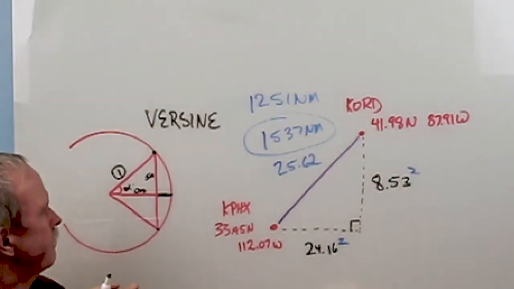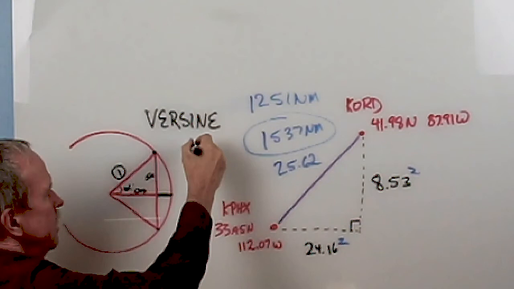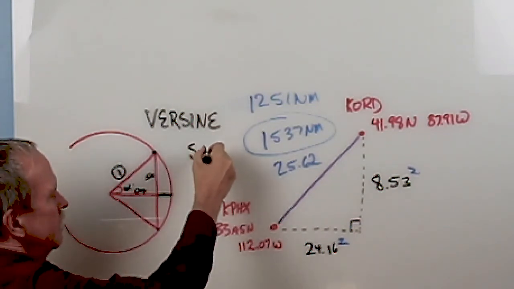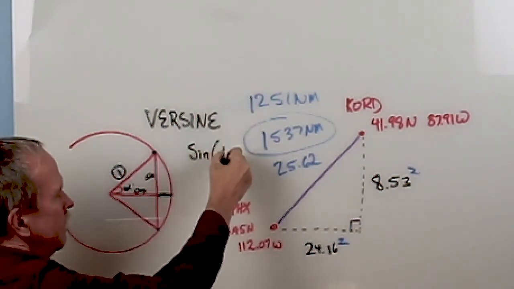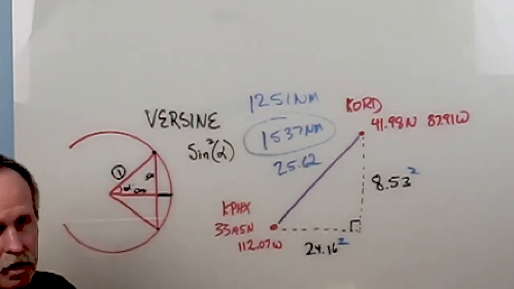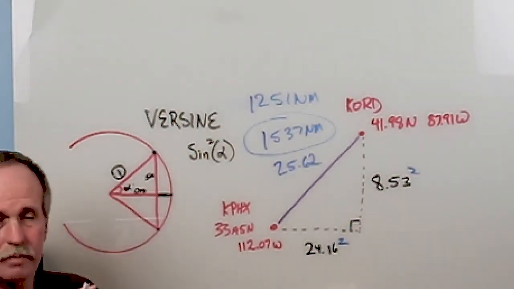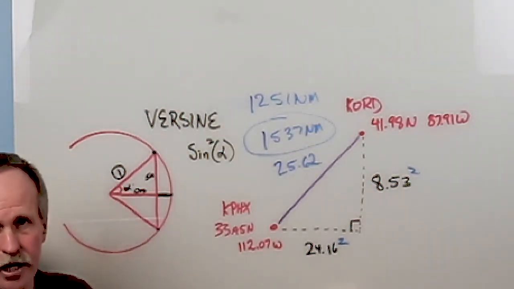Now, the formula for a versine is the sine of the angle squared. But wait, there's more. We're not going to really talk about the versine.